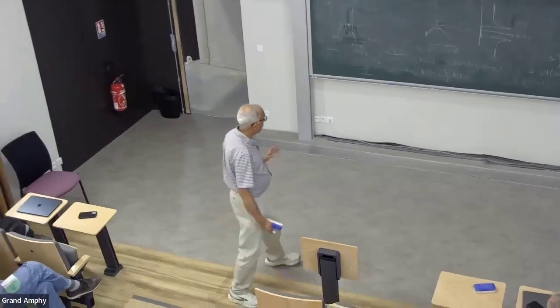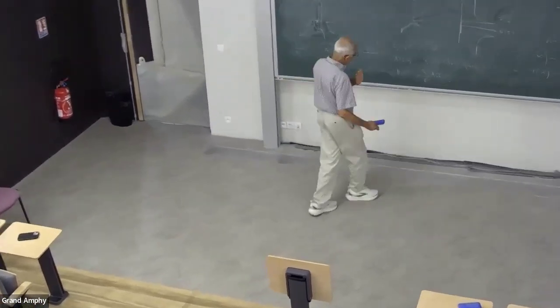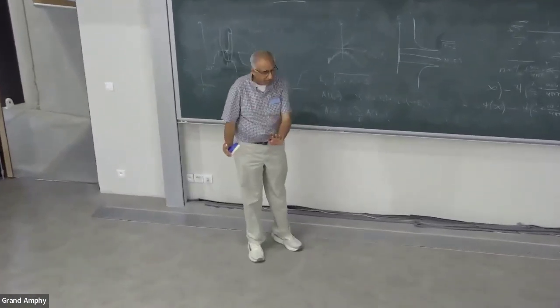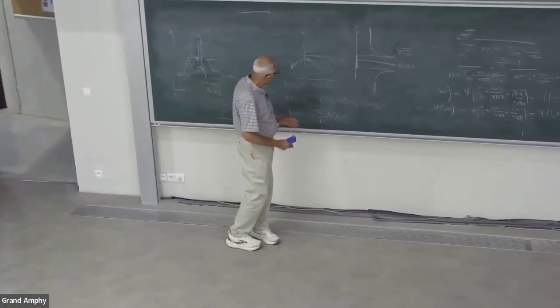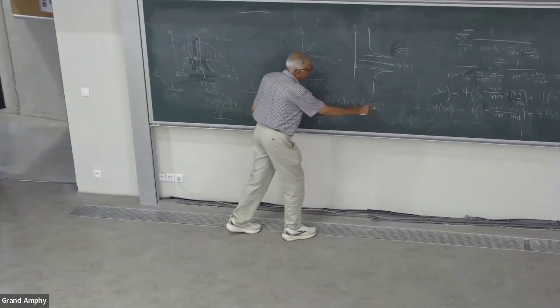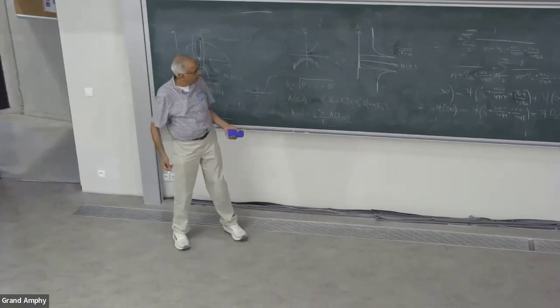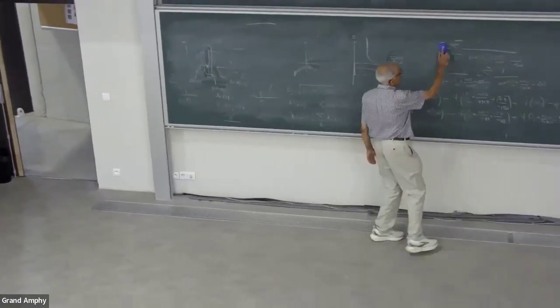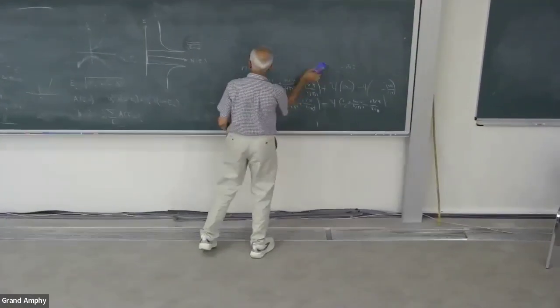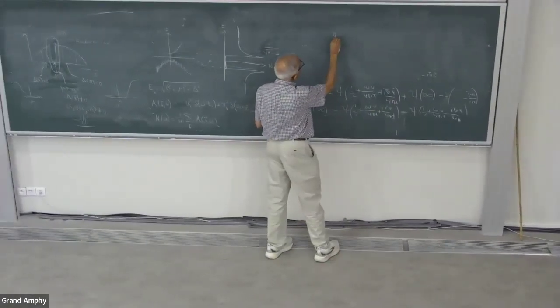So now, forget superconductivity for a second. You can ask, what is this object for a normal metal? And the answer is, in band theory, it's just a delta. So let's take a normal metal.